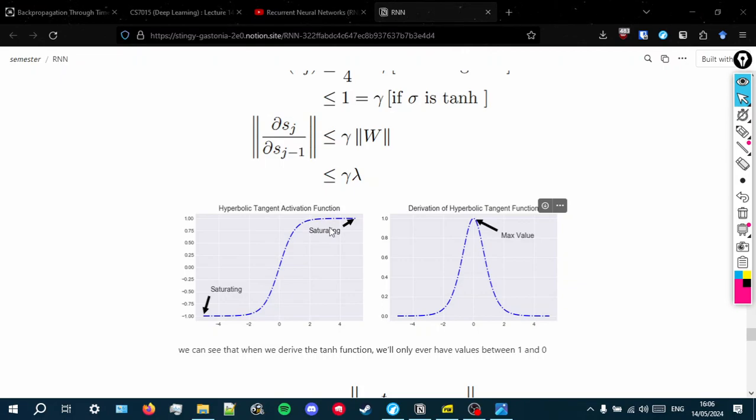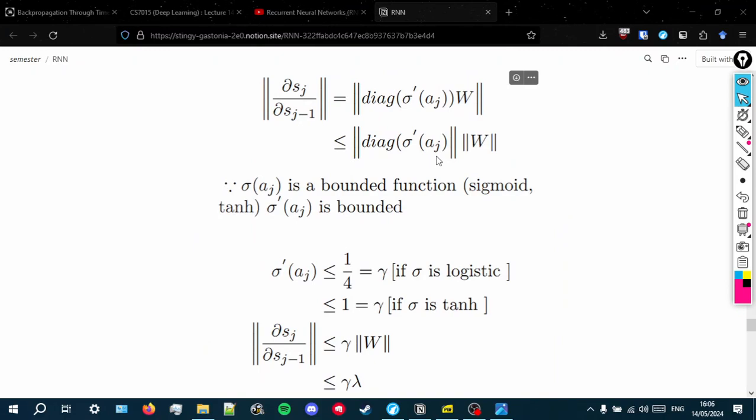The tanh function has a maximum of 1 and a minimum of negative 1 normally, and when we take the derivative, this is the shape of it, it's going to have a maximum of 1 and a minimum of 0. So this part of the equation will have a maximum of 1 at most. There's never going to be a value here greater than 1. Most of the time it will actually be closer to 0.